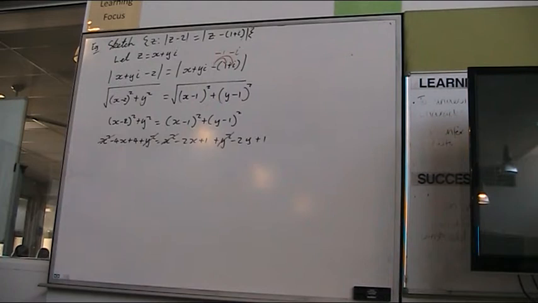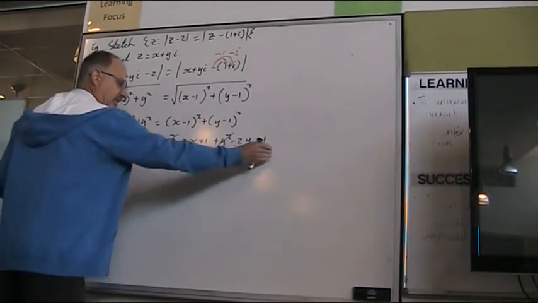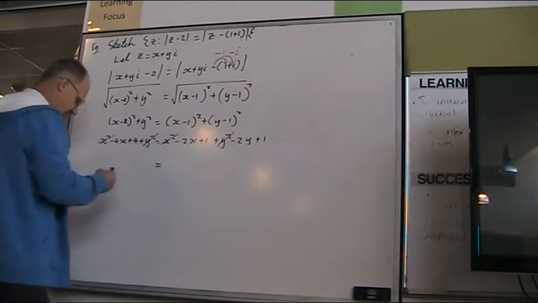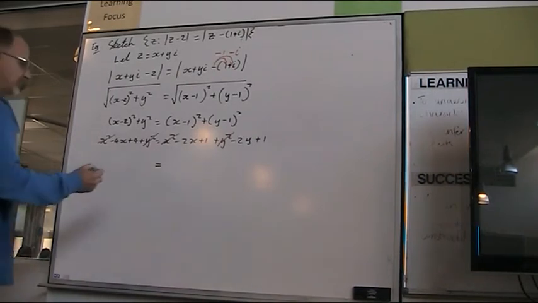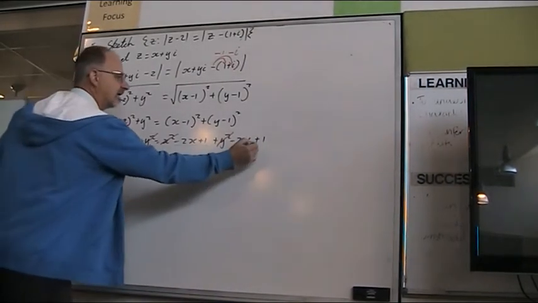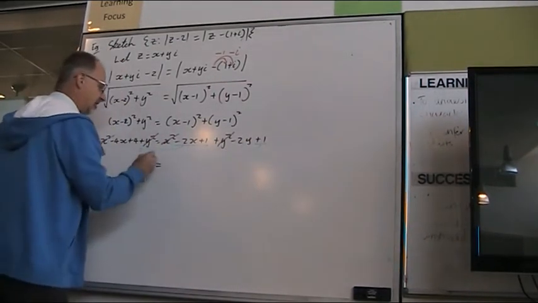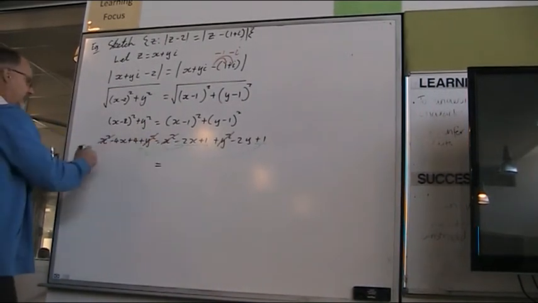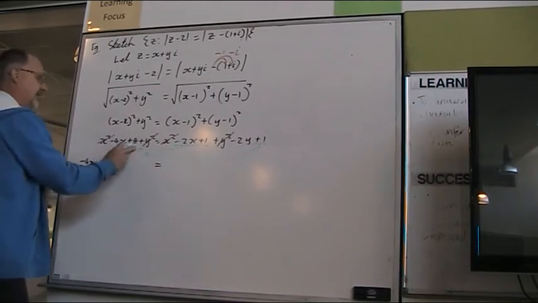Then what I'm going to do, because now y only exists on the right, is move all the x's and the numbers over here. So these things here, I'm going to move them across by adding or subtracting, whatever we need to do. I've already got the minus 4x plus 4 there.